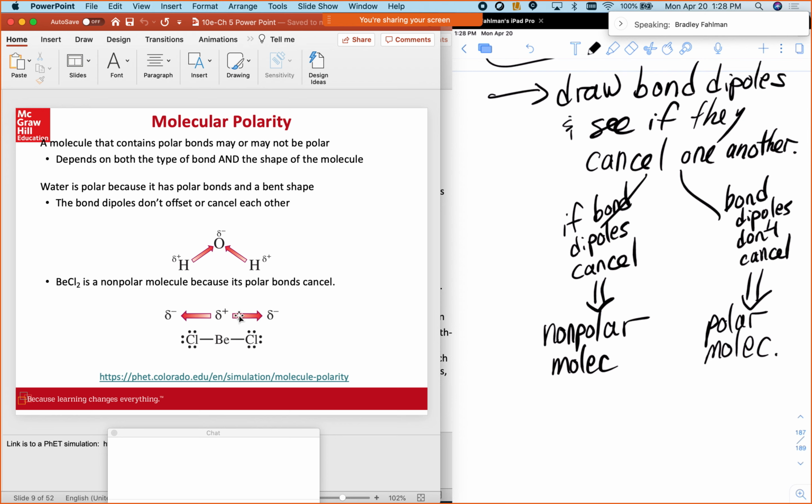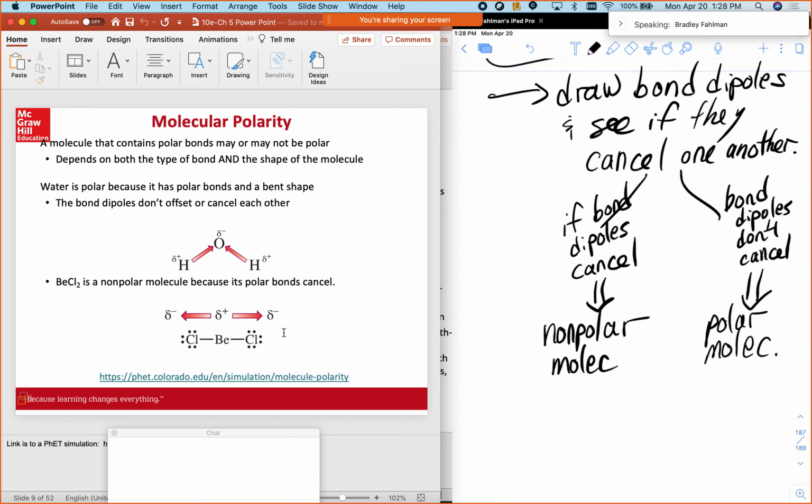If I pull in this direction and pull in the opposite direction with the same force, I'm not going to move this center anywhere. Think about a tug of war with the exact same force pulling on two opposite sides. You're not going to move it either way. So the dipoles cancel.